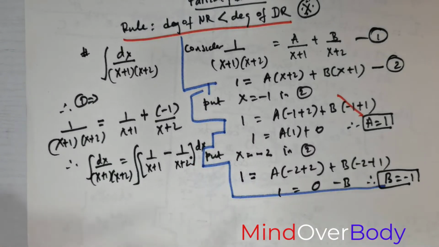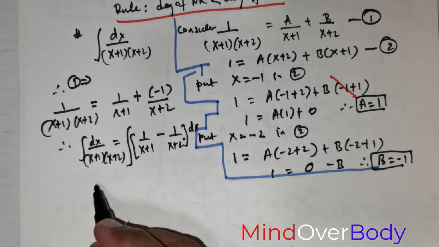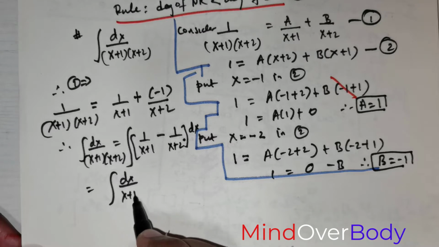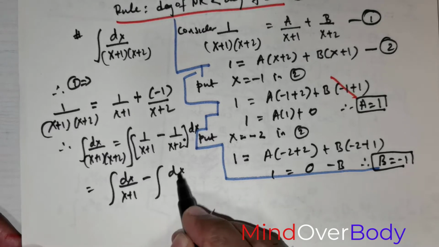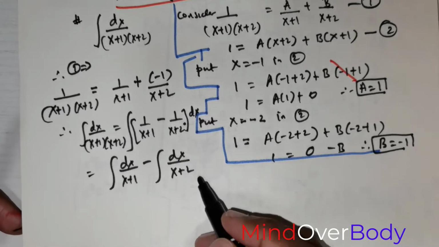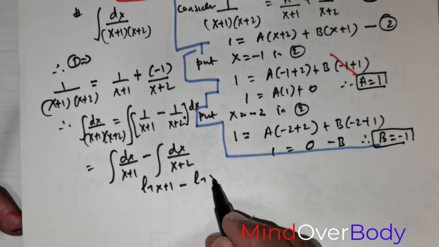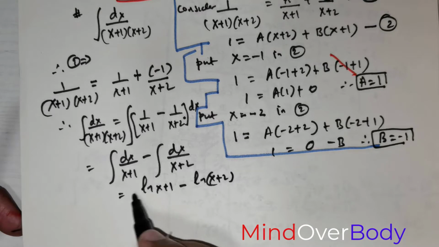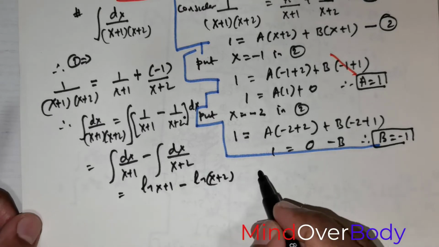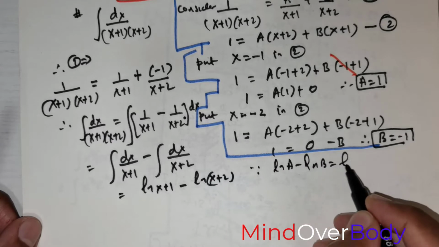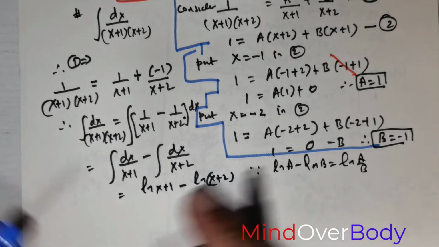Okay, so this is equal to, if you were to split it, the integral dx over (x+1) minus the integral dx over (x+2). So this is nothing but ln of (x+1), and this is nothing but ln of (x+2). I'm not placing the constant C as yet. Now we know that ln A minus ln B is equal to ln of A over B, right?